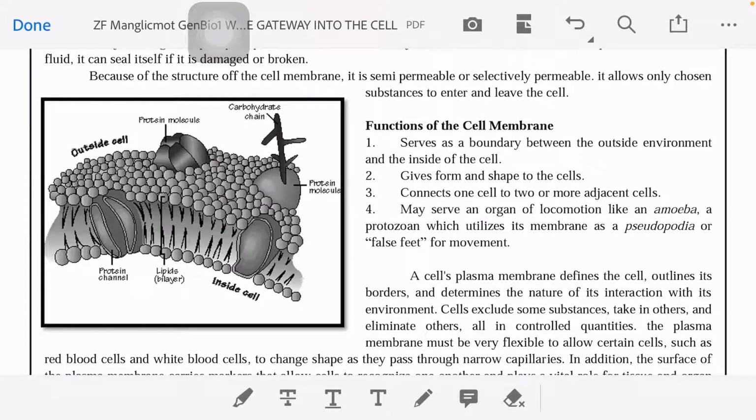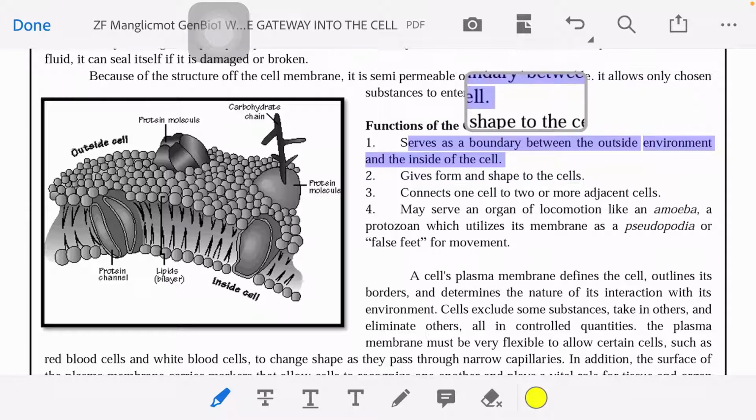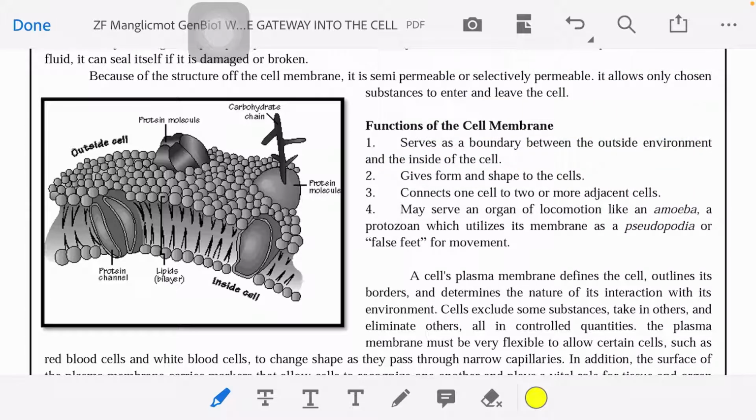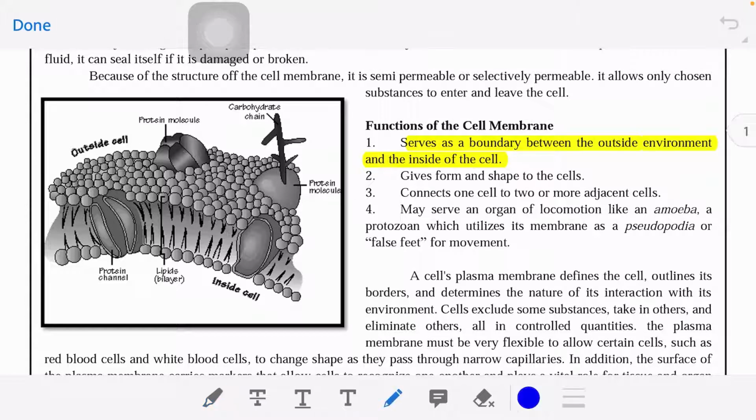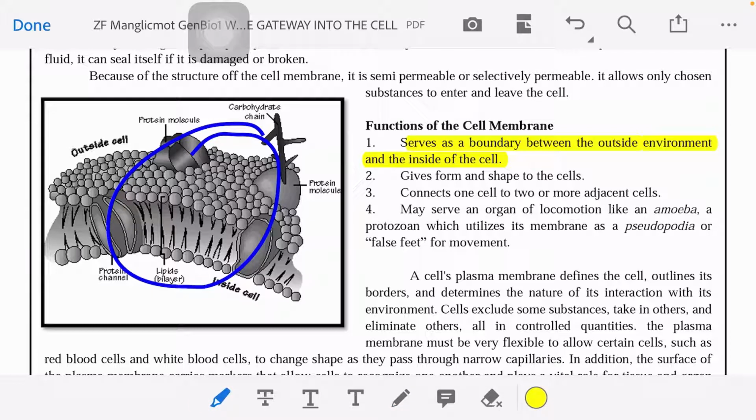Okay. The functions of the cell membrane include the following. It serves as a boundary between the outside environment and the inside of the cell. Later on, you will know, pag dinidiscuss ko na itong part na to mamaya. Okay? Another function is, it gives shape and form to the cell.